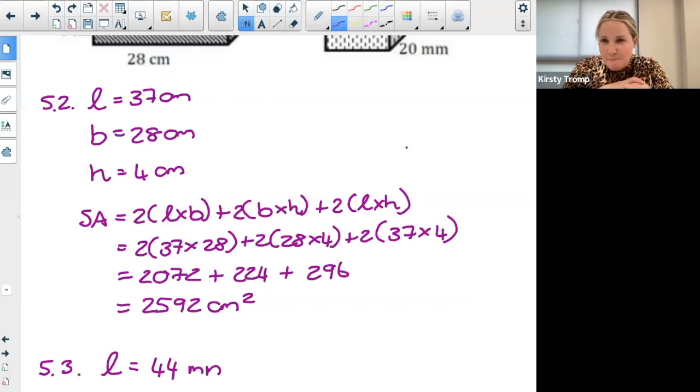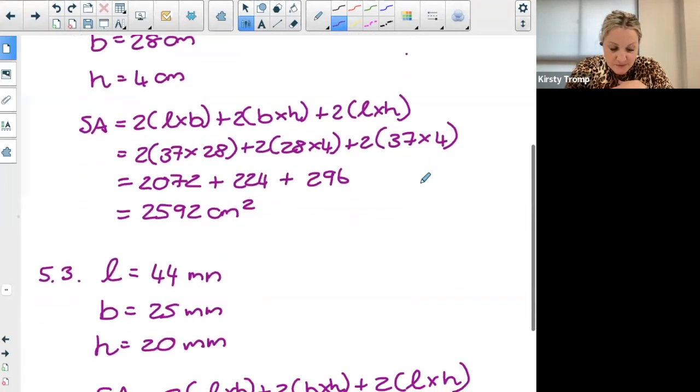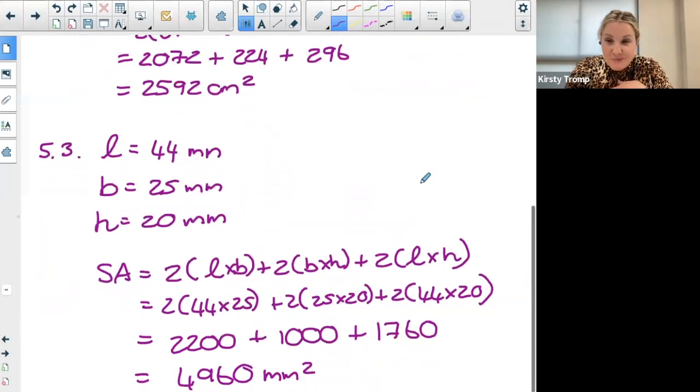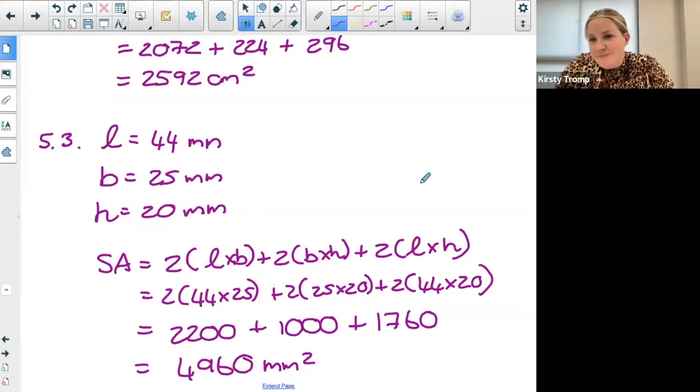What's your question? Ma'am, my teacher showed us a formula: area equals half breadth times height. So that's for a triangle.